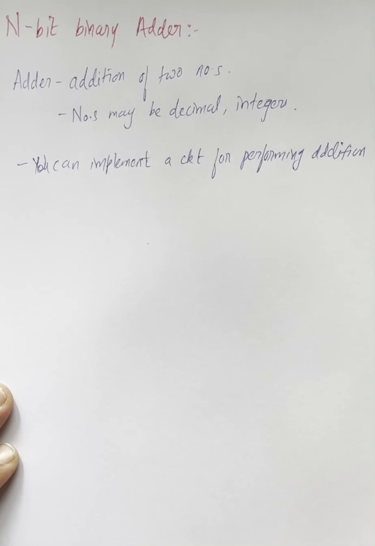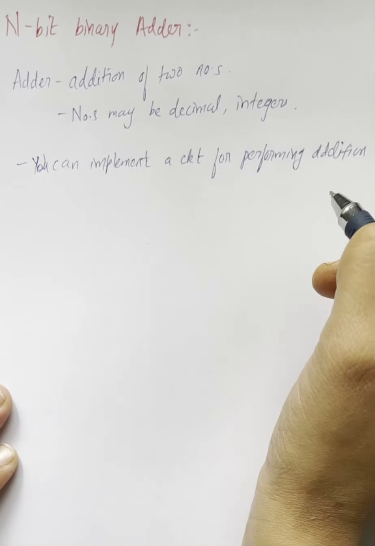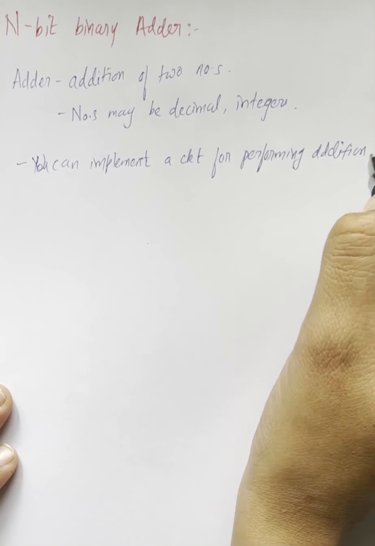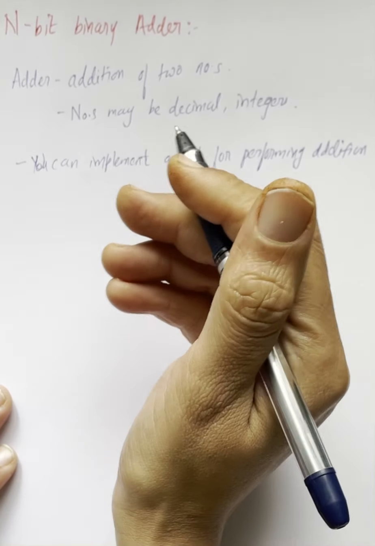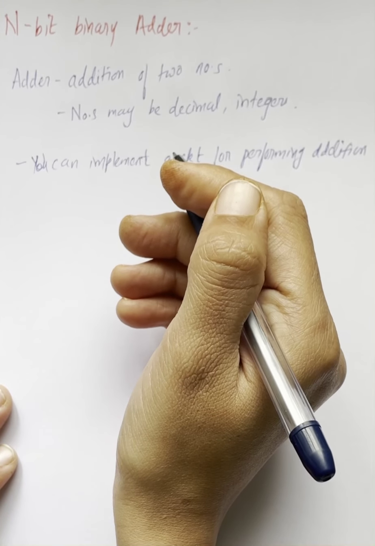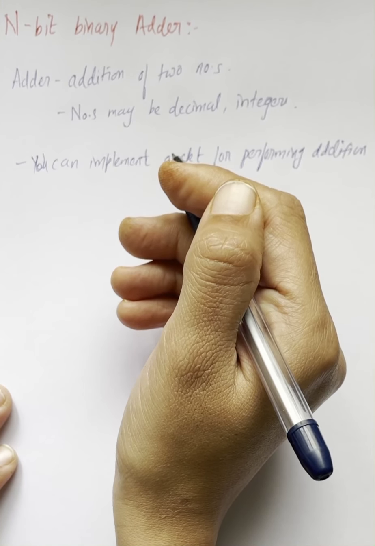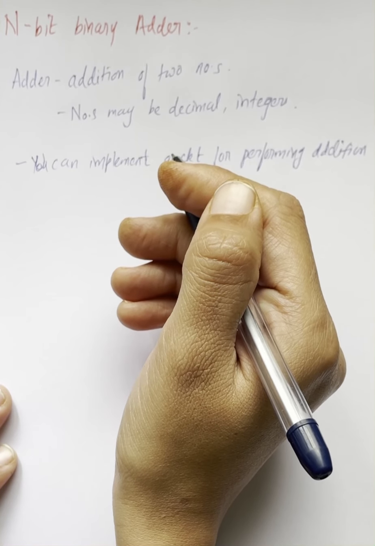So how do we perform the addition operation in digital electronics? Here we just have to take two operands. There is an algorithm to perform this operation, and that is called the n-bit binary adder.